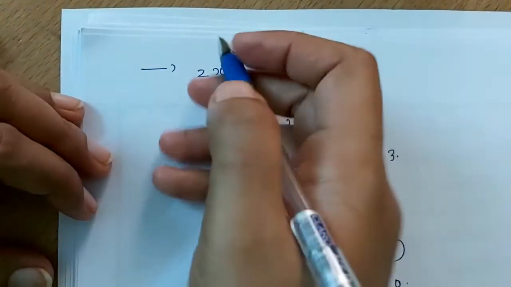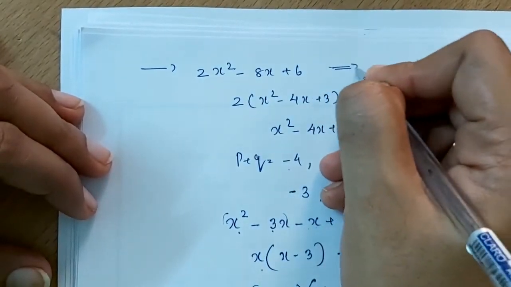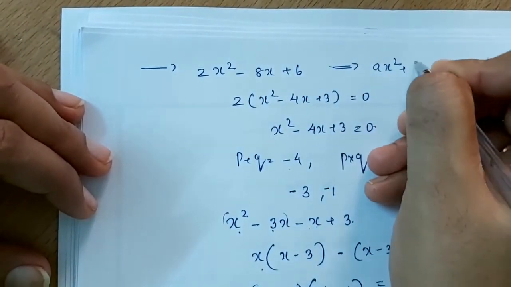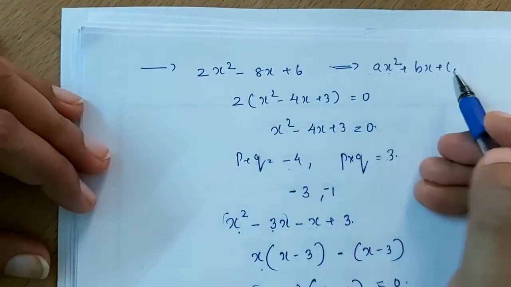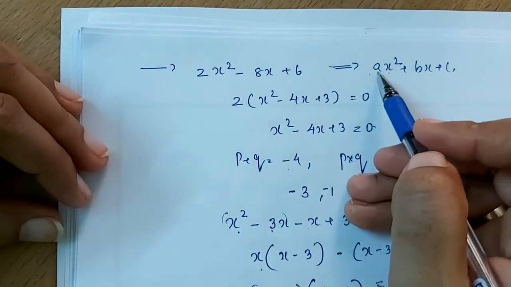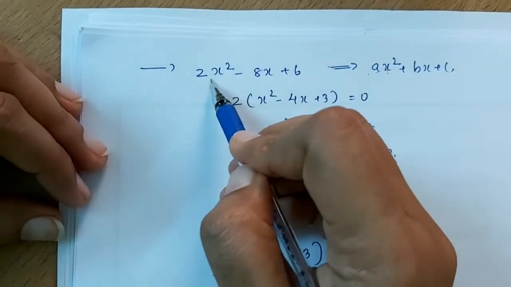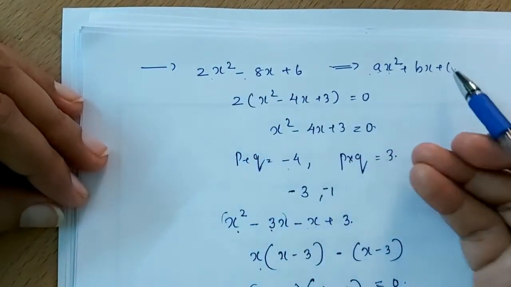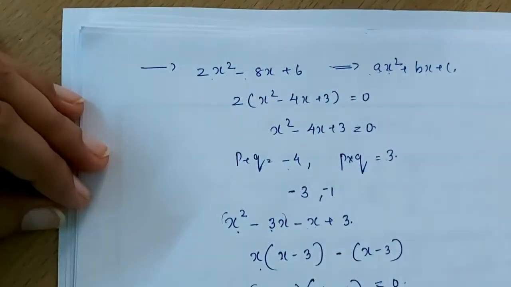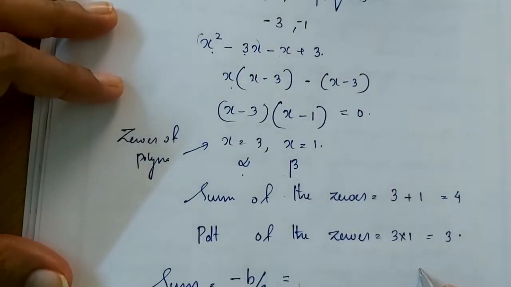Consider this as our basic equation in the form ax² + bx + c, where a is the coefficient of x², b is the coefficient of x, and c is the coefficient of x to the power 0.